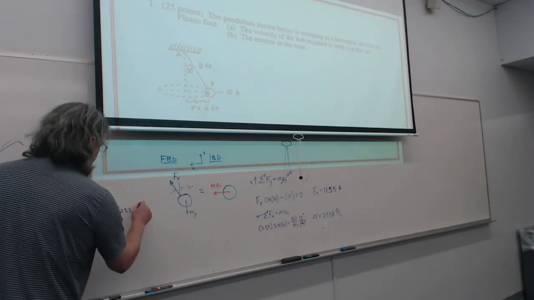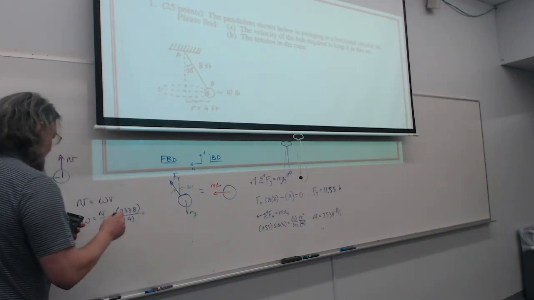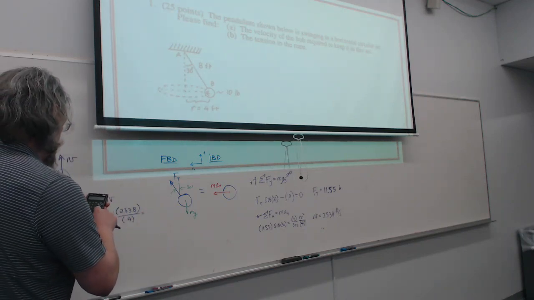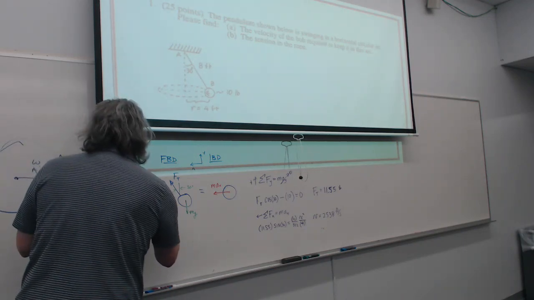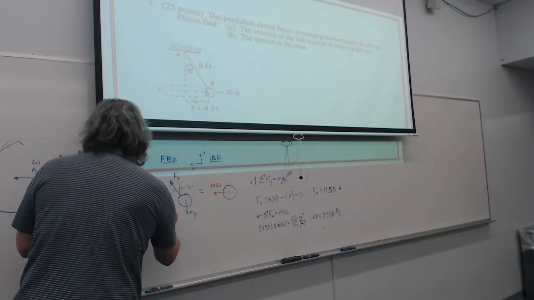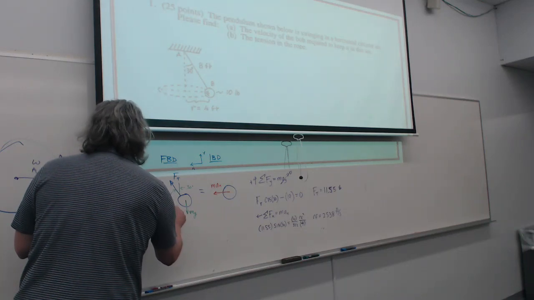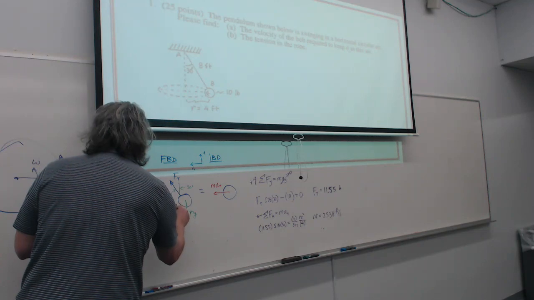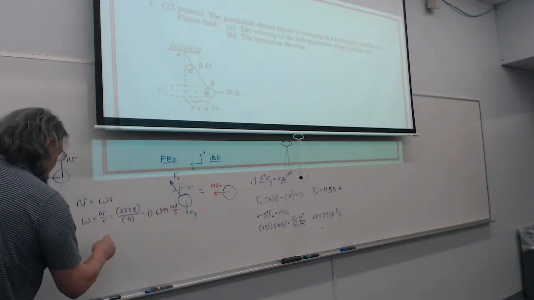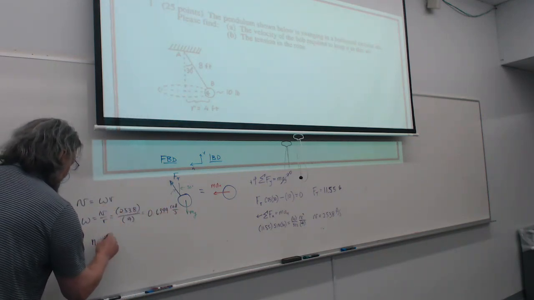So you would have 2.538 divided by 4 feet, which gives 0.6344. But these are radians per second, and we would rather have RPM. Usually we use a little lowercase n.